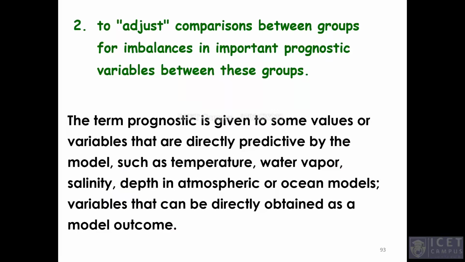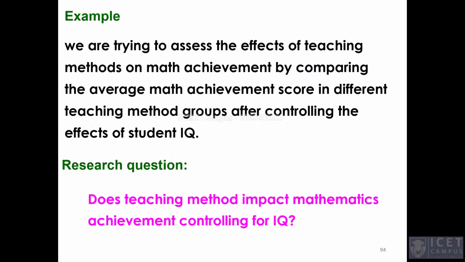Right, the term prognostic is given to values or variables that are directly predicted by the model, such as temperature, water vapor, depth of atmospheric ocean models. Variables can be directly obtained as model outcomes.